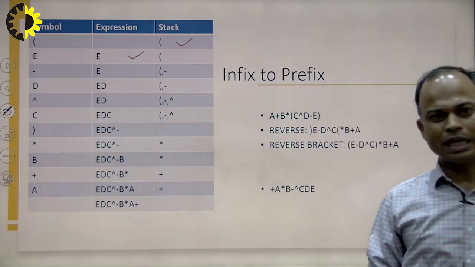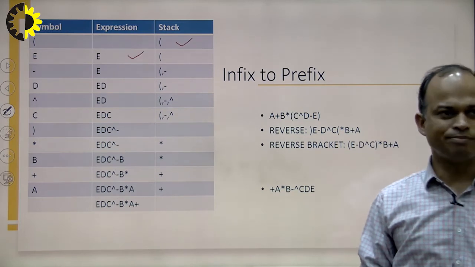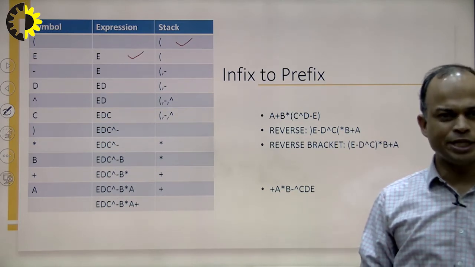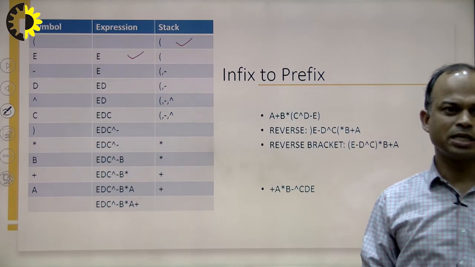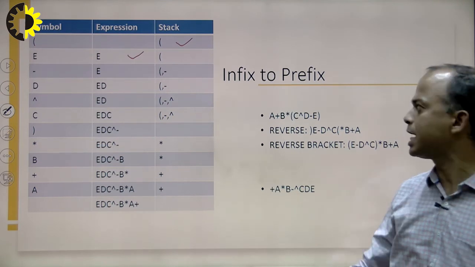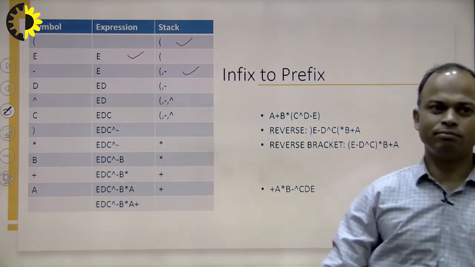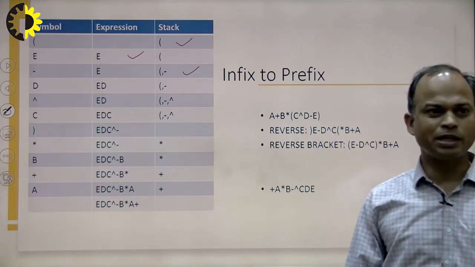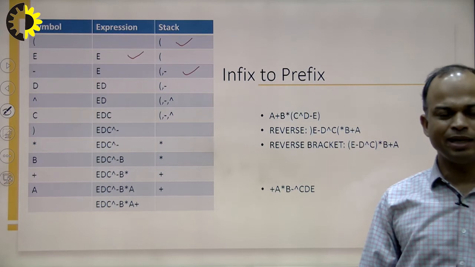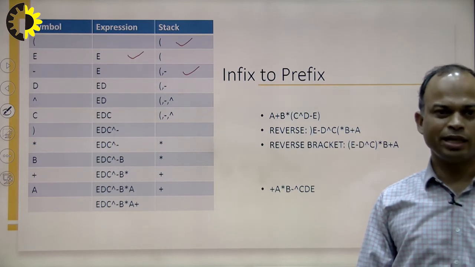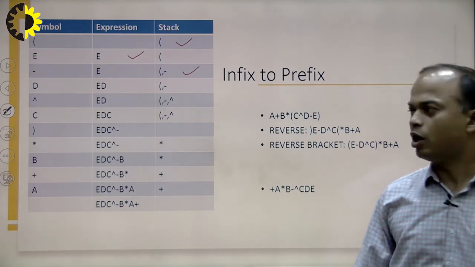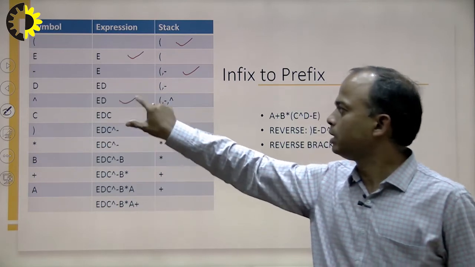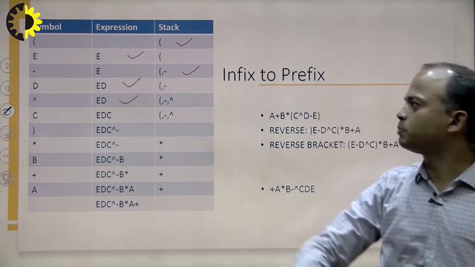After E we have the minus symbol, and minus is our operator. Therefore this minus is pushed onto the stack, and we have open parenthesis, minus in the stack. After the minus symbol we have D. D is a character, therefore this D is appended onto the expression.